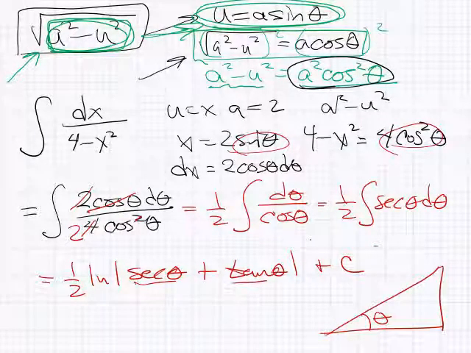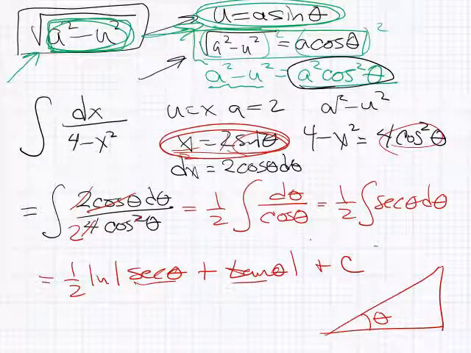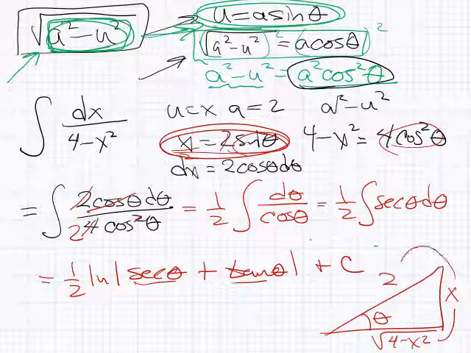Sine is going to be equal to x over 2. So that's opposite over hypotenuse, putting the square root of 4 minus x squared here, so that a squared plus b squared equals c squared. And then I'll take the secant and tangent of theta here, and that'll get me my answer.